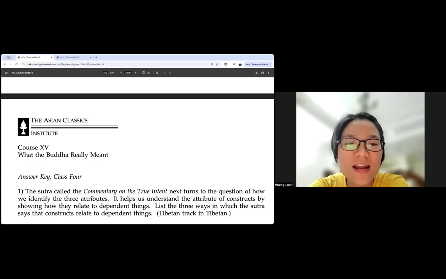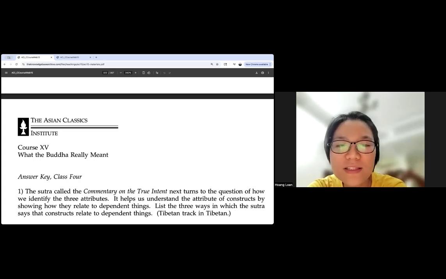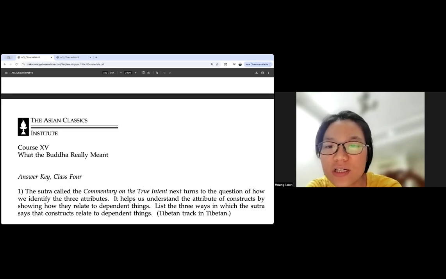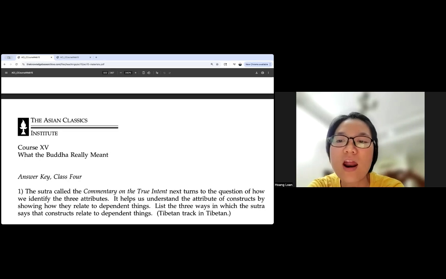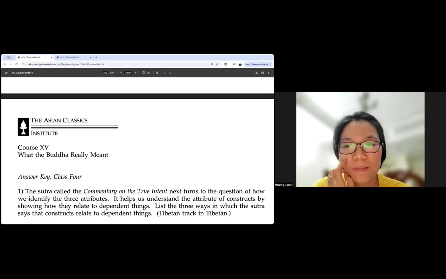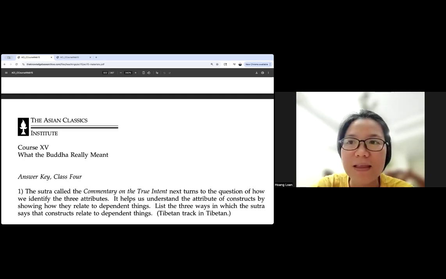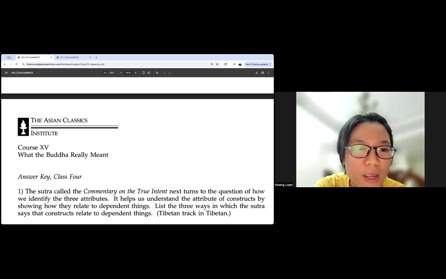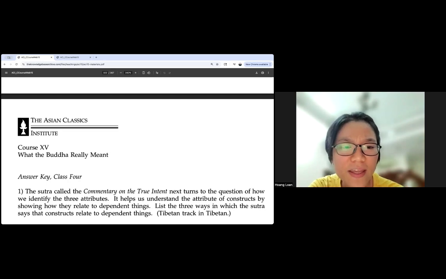The Sutra quote, the commentary on the true intent. Next, turn to the question of how we identify the three attributes.